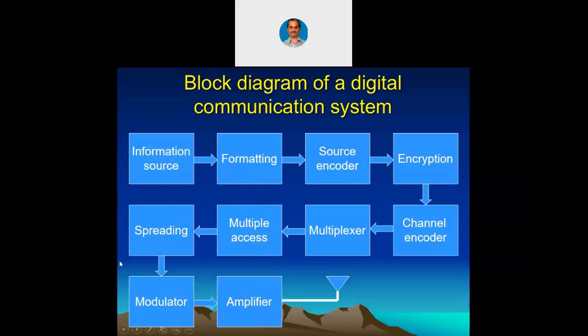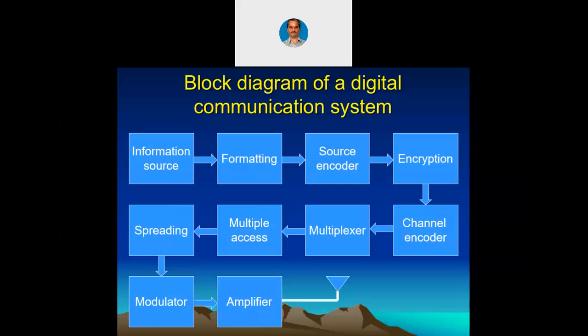Next, coming to spreading. What is basically spreading? You will be studying more about spreading in the subject digital communication, where you have spread spectrum technology. That means the signal will be spread as a wideband output from your system, and the spread spectrum will have access to so many people, and whoever is matching with their particular code will access this particular spectrum which is spread.